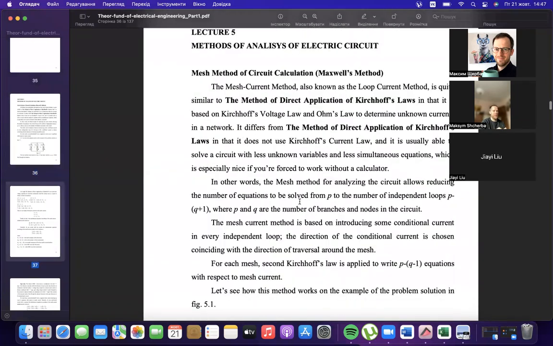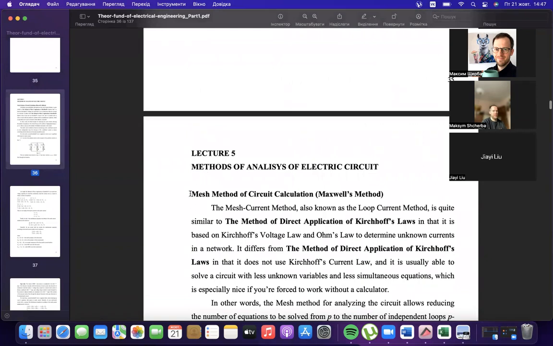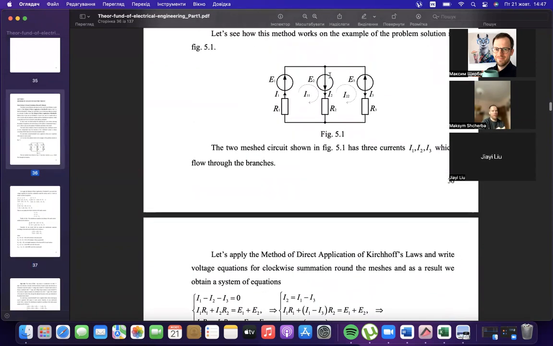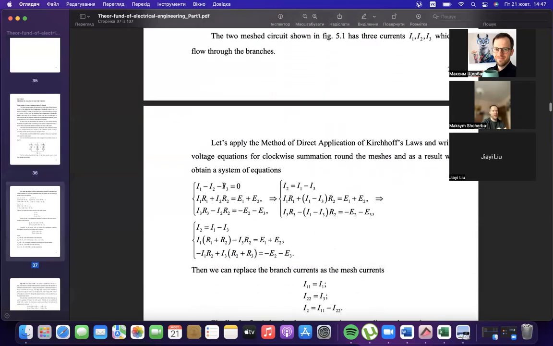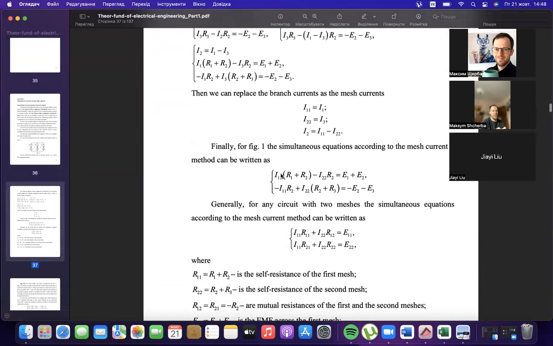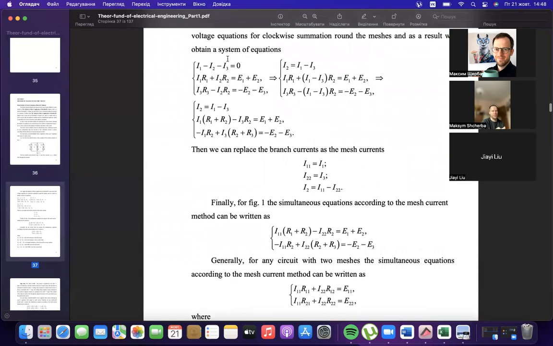Here we have a couple of examples in the chapter discussing just this method, the mesh current method, or just the mesh method. If we have only 2 meshes, then instead of Kirchhoff's law with 3 equations, because of 3 branches with 3 currents, we could find a system of 2 equations using mesh currents.